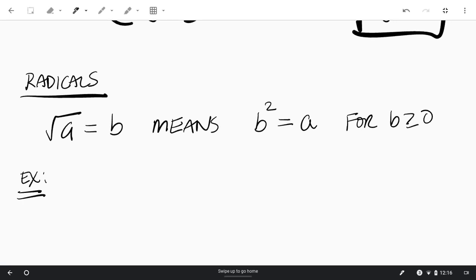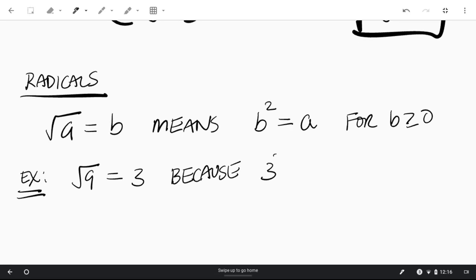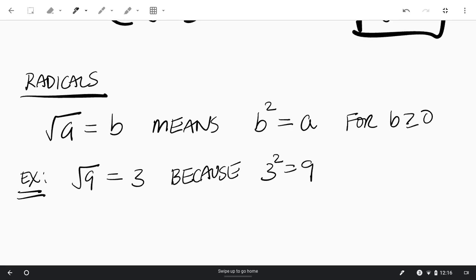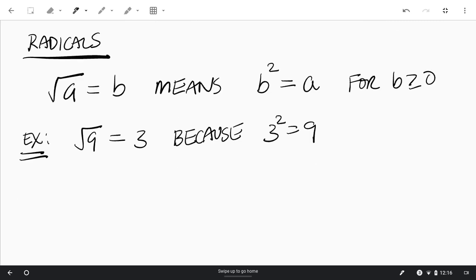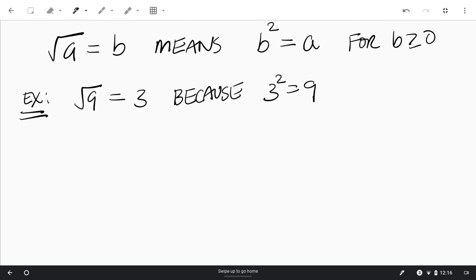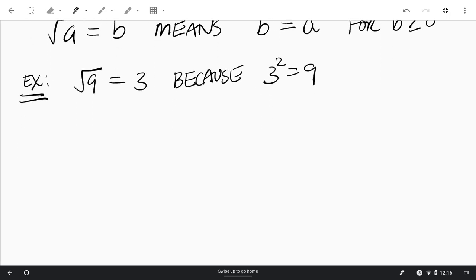So if you have this square root of 9, hopefully you know what the answer is there. The principal square root of 9 is going to be 3, because if you take that 3 and you square it, you should get 9, and we do. Okay. So when you're taking square roots, you're trying to find a number that when you square it, you get the one on the inside.